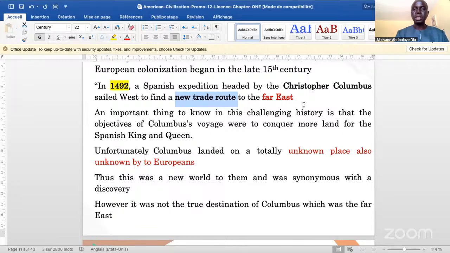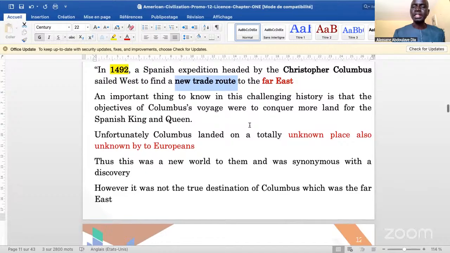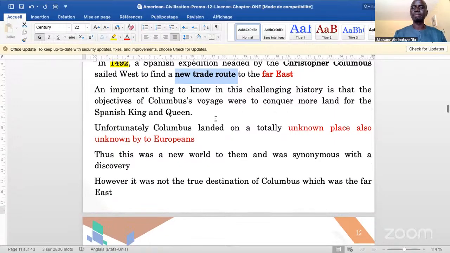Christopher Columbus, I repeat, was not going to America. He was going to the East in Asia. So an important thing to know in this challenging history, why there is a contradiction, is that the objective of Christopher Columbus was to conquer more land for the Spanish Queen. That was his objective, and he tried to navigate a new route to go to the Far East in India, in Asia. That's where he was going.